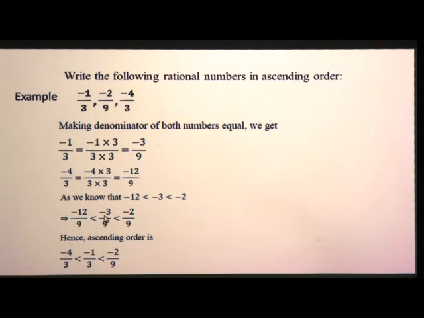Yes, we got minus 3 upon 9, which represents minus 1 upon 3, and it is smaller than the rational number in the middle, for which we made all the denominators the same, that is minus 2 upon 9. So, in this way you can find the ascending order of rational numbers. So, when rational numbers are given to you, you can write them in ascending order.